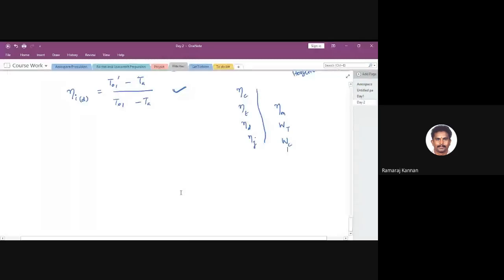Now we already looked at that for the gas generator. From this we can write T01 minus TA as T01' minus TA divided by the isentropic efficiency of the diffuser.